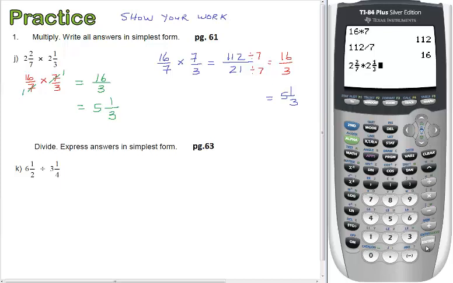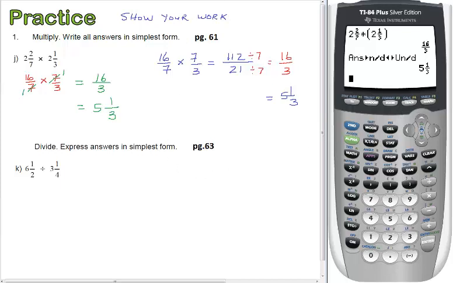Enter. Now it's going to give you an improper answer, 16 over 3. And if you want to change back from improper to mixed, then go down to number 3 and enter. Okay, and it'll change it back for you. So the answer is 5 1/3, as you can see.